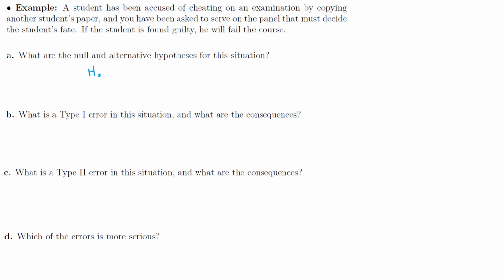We would start out by saying this person is innocent until proven guilty, so the student did not cheat. And our alternative hypothesis would be just the opposite, that the student did cheat.